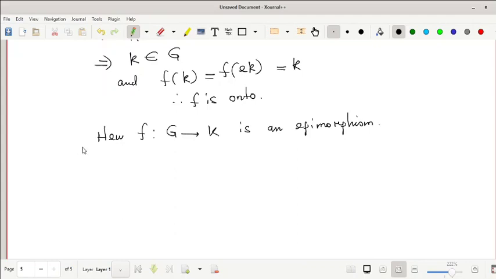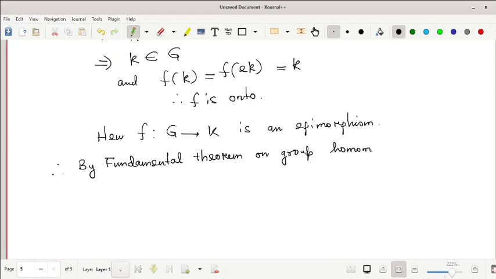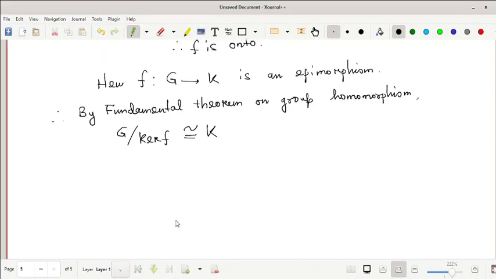Now, if I use the fundamental theorem on group homomorphism, therefore G by kernel f is isomorphic to K. Now you only have to identify kernel f.